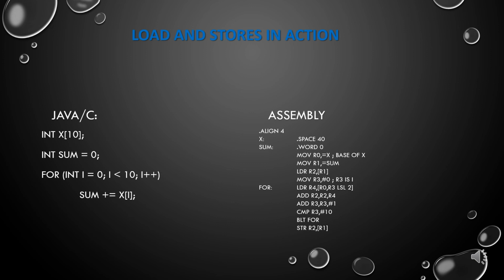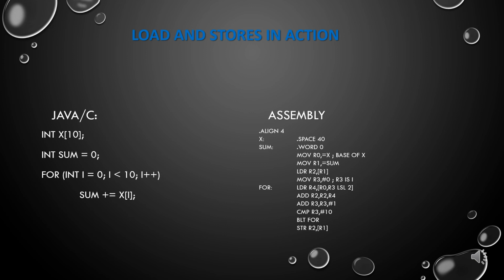So we go over the for loop. LDR R4, [R0, R3, LSL #2]. So we're adding R0 to R3 LSL 2. LSL 2 basically means we're shifting the R3 value 2 bits to the left. So we're adding R0 to the next value in the list.